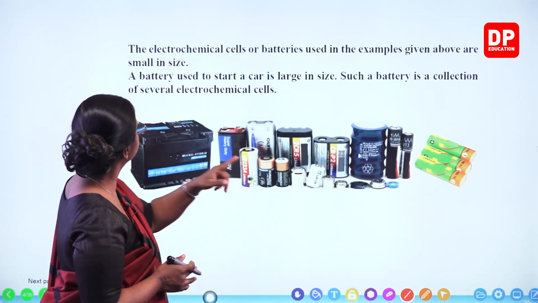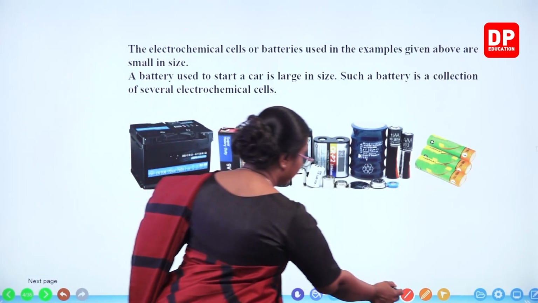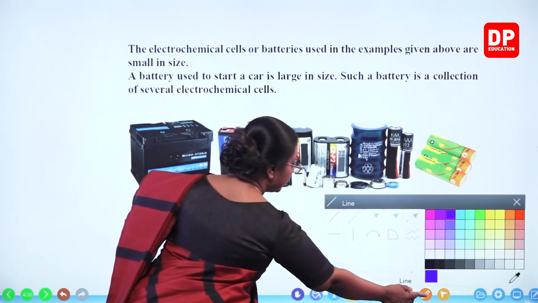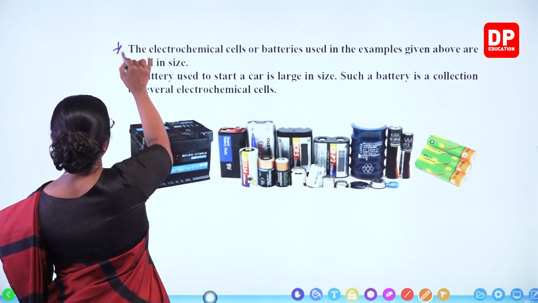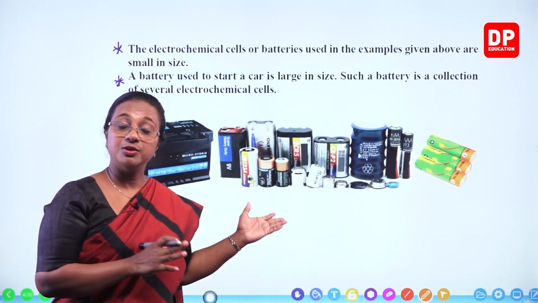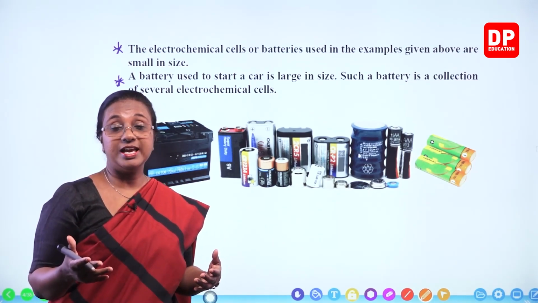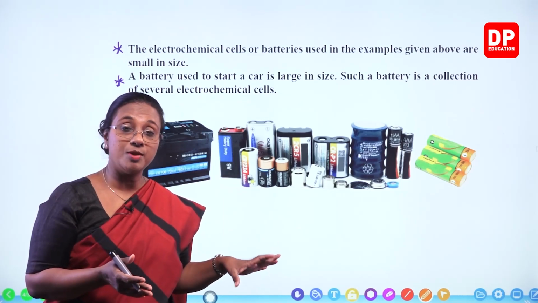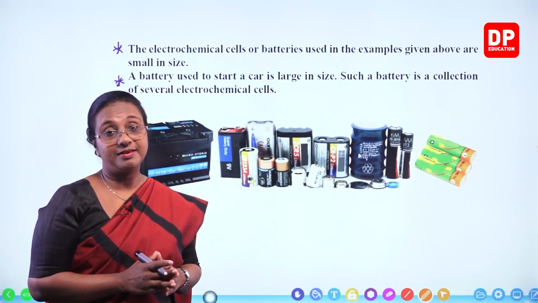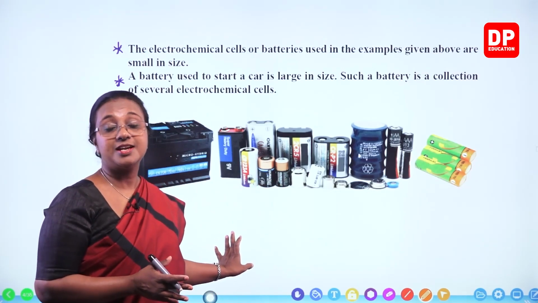Such a battery is a collection of several electrochemical cells. So here you have different sizes and shapes. Now this is one and that is another point, just for you all to recall what you already know. Because you are using batteries in your day-to-day life. So you are familiar with small batteries and large batteries. So that is again part of the introduction.